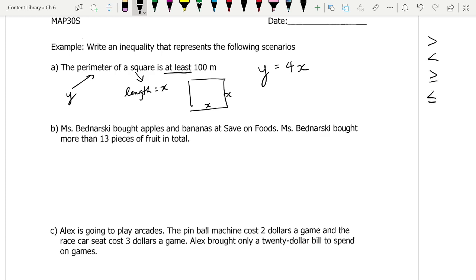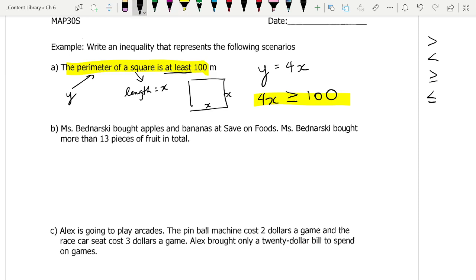Yeah, so perimeter, which is 4x, has to be greater than or equal to 100. Those words gave me that inequality. Perimeter has to be at least, which means it could be 100 or 101 or 102 or 10 billion. It can be anything bigger than 100.